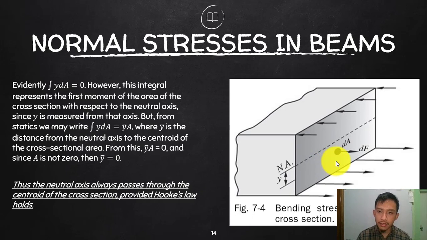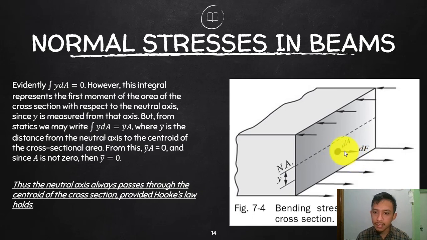Integration means summating the product of your distance and the area of that small differential area. If I do that, that is just the same as the entire area times y bar, the centroid of the area.